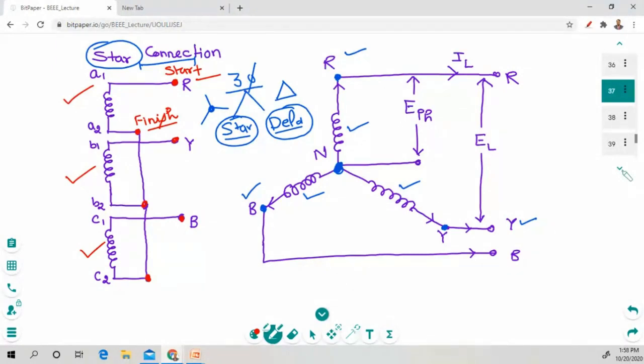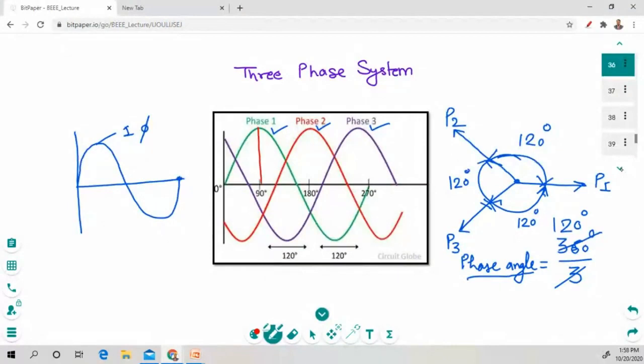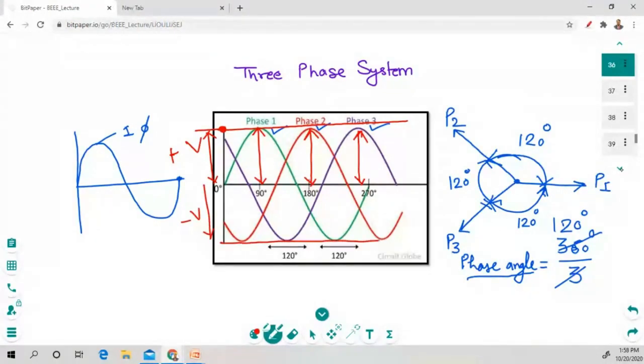So this is some voltage, and all the voltages are somewhat the same. If we take the average, then this is called the total voltage V. All the voltages are either in plus or in minus, so we take the average value for three-phase.